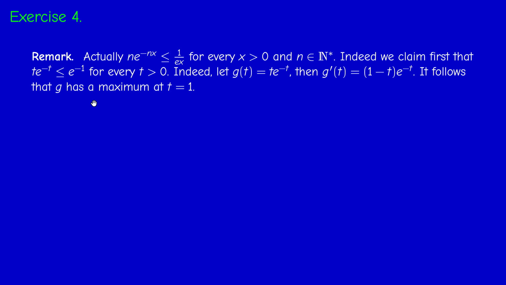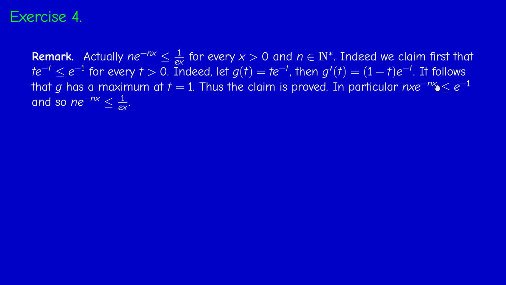So in particular, if instead of t I put nx, I get nx e to the minus nx less than 1 over e, or e to the minus 1. So when I divide by x, I get n e to the minus nx is less or equal than 1 over ex. Okay. Therefore, we can take mx to be 1 over ex, and kx, same thing as mx over 2, so it's 2 over ex. Okay.